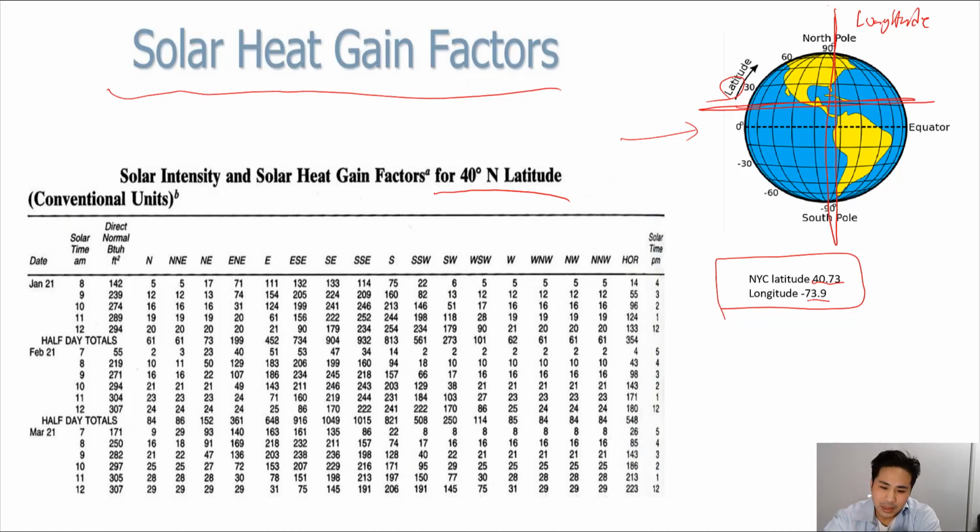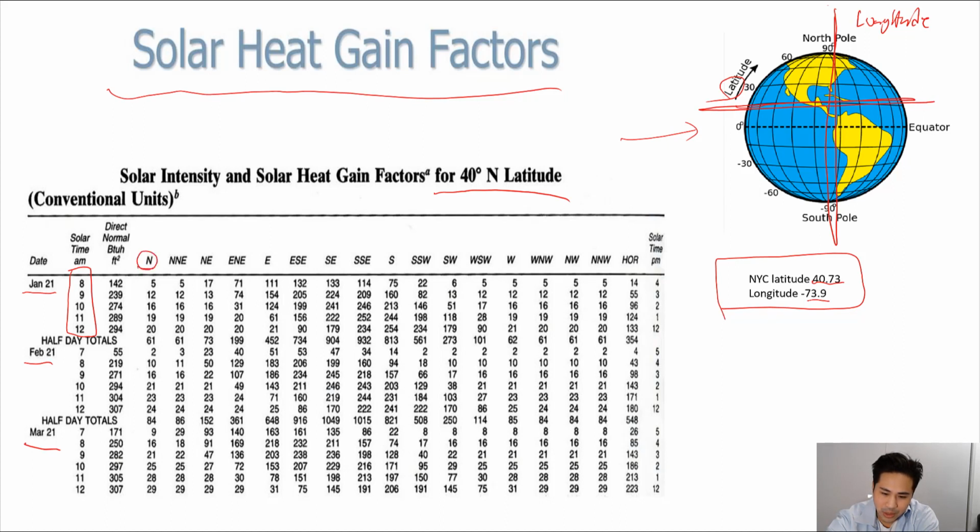Now, going back to this table, you can see that, based on the date, here it's January 21, February 21, and March 21, and also depending on the time, the solar heat gain factor will vary depending on the orientation as well.